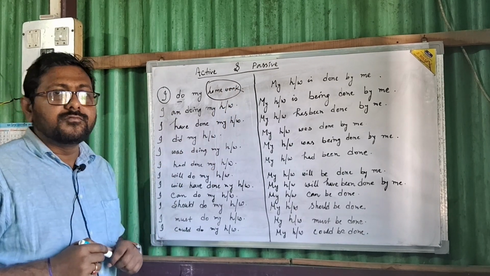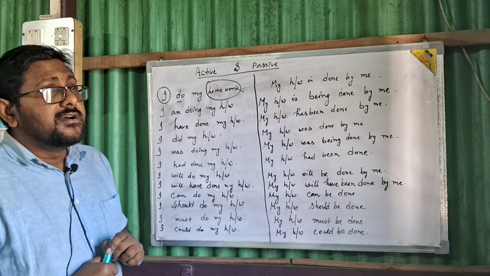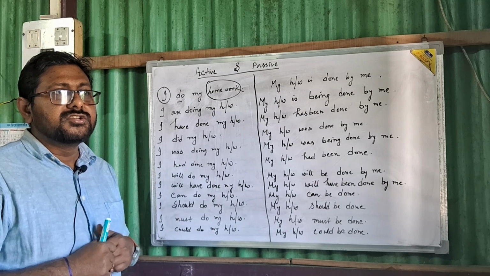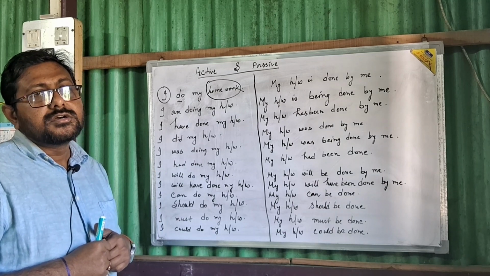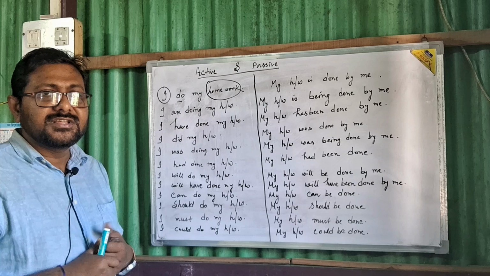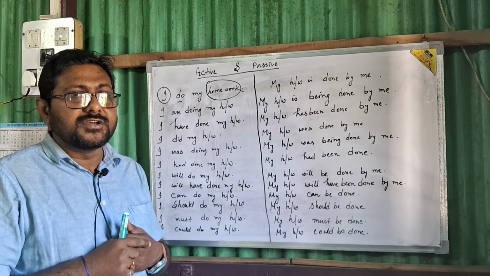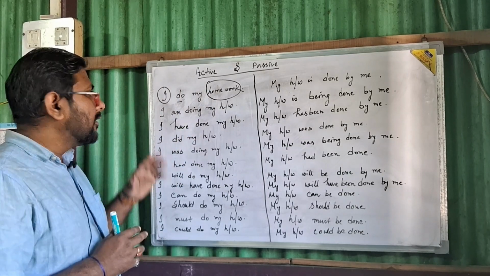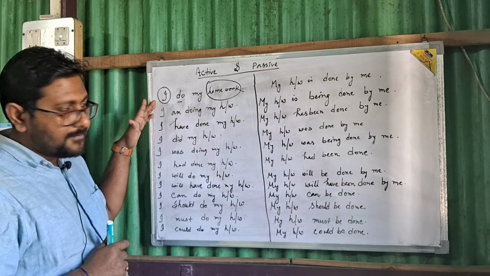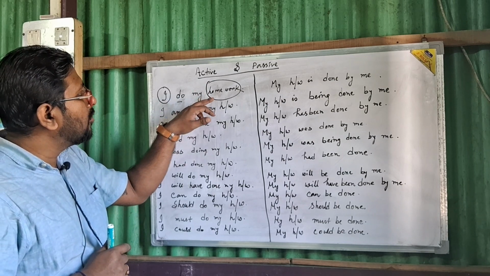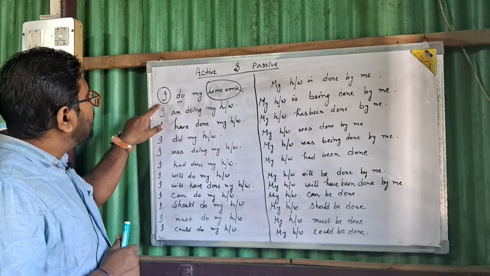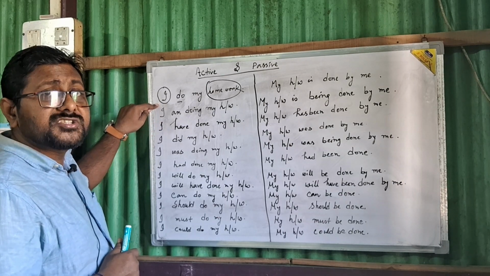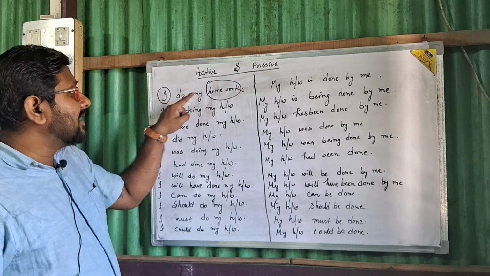So the first thumb rule which we have for active and passive is, in active voice we will definitely have an object. So an active voice must have an object. Without an object it cannot be an active voice. So, "I do my homework." I want you to understand here, I being the subject, and homework being the object. Now I is performing the action, or in other words, I, which is the subject, is performing the action.